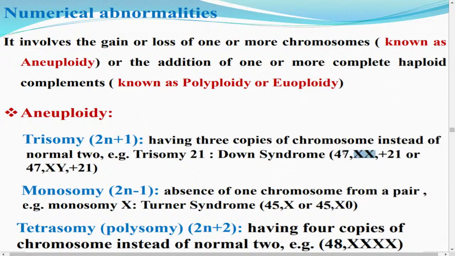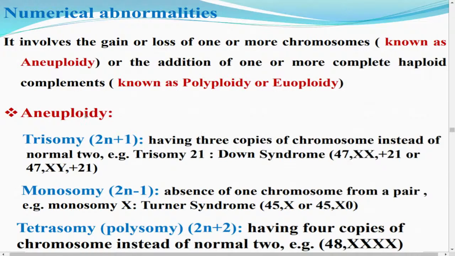These are all variations in human chromosomes: trisomy, monosomy, tetrasomy, polysomy. For polysomy we have no example, but in monosomy we have the example of Turner syndrome, and in trisomy the example of Down syndrome.